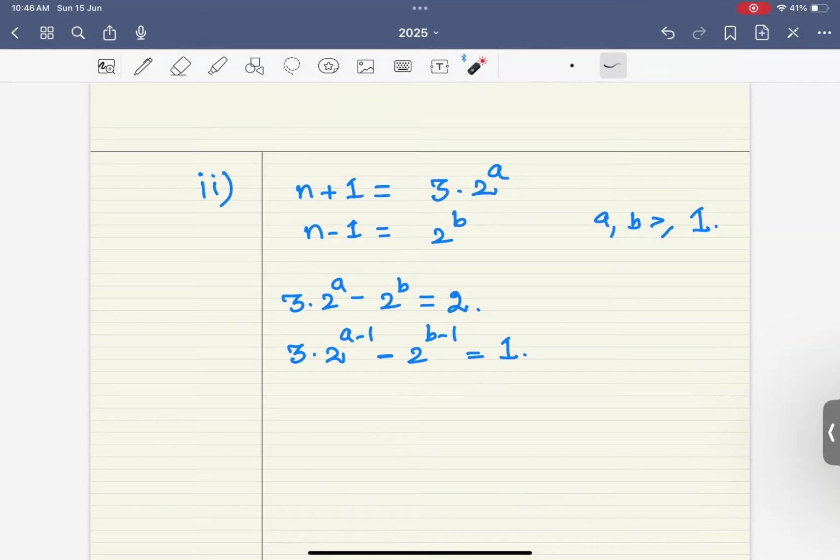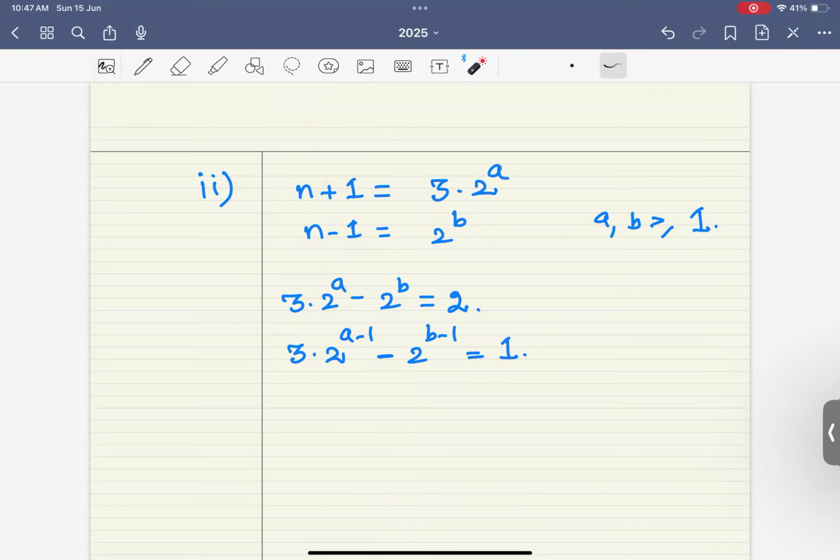So for example, can b be 1? If you were to indeed put b as 1, you'll get n as precisely 3, right? n as precisely 3 would mean that this number is 4. And this number being 4 would mean that this side is not divisible by 3.